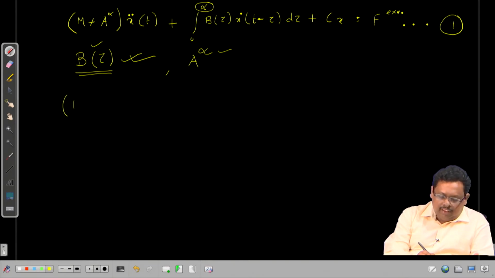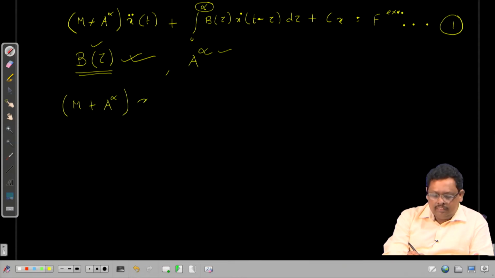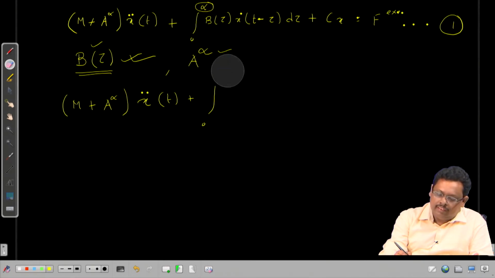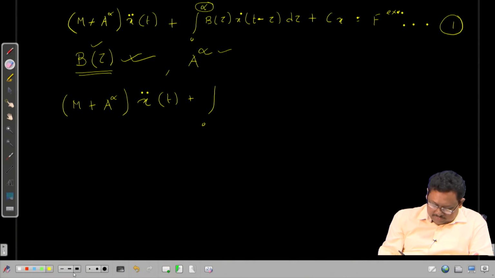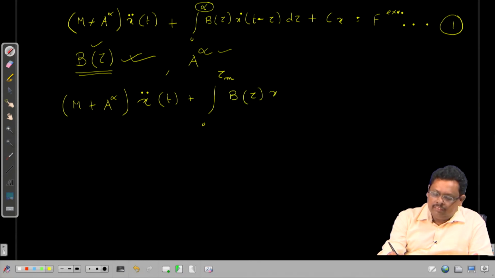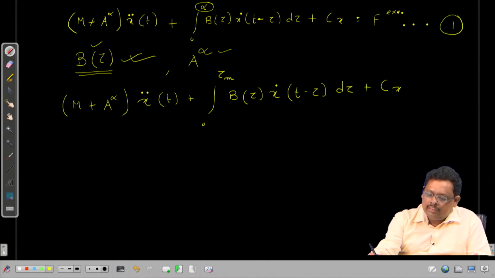Frankly speaking, it should be m plus A infinity into x double dot t plus the integral from 0 to some tau n, or if we use the nomenclature that I used in the last class, let us use tau m instead of tau n, and then it is b tau into x dot t minus tau d tau plus C x equal to f of exciting force.